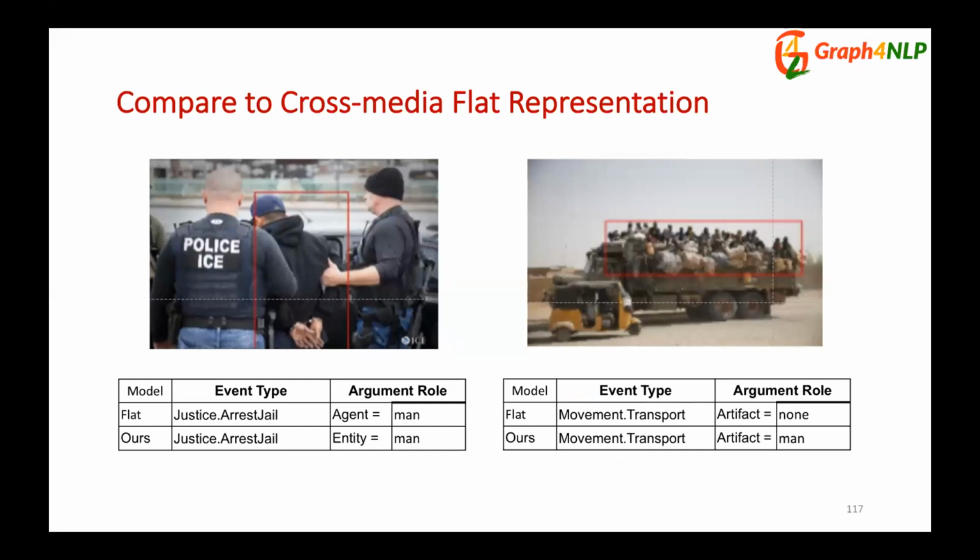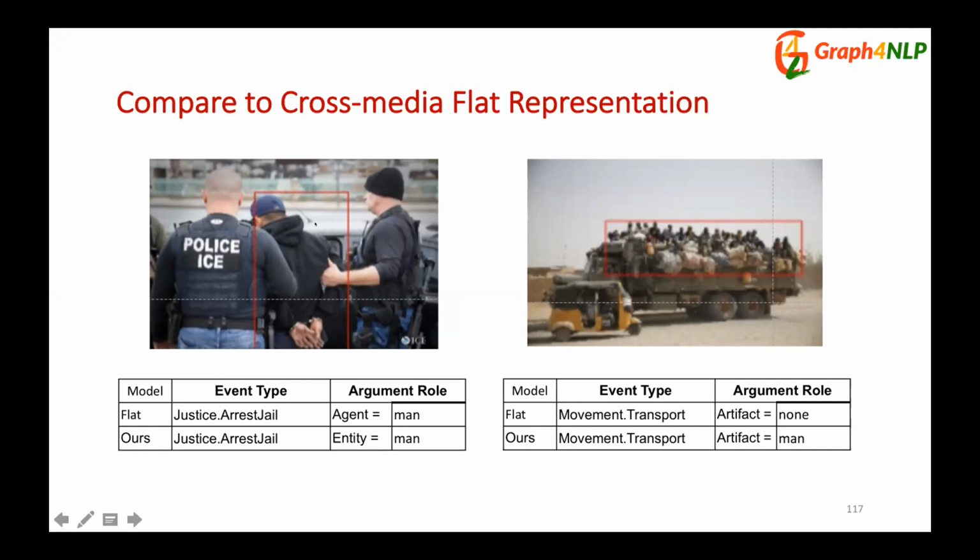So compared to the existing cross-media flat representation, and when I say flat, I mean they are aligning objects with the words, aligning pixels with the characters, but they didn't really look into any graph structure. You can see using a flat representation, sometimes we can identify the event, but the role will be incorrect.